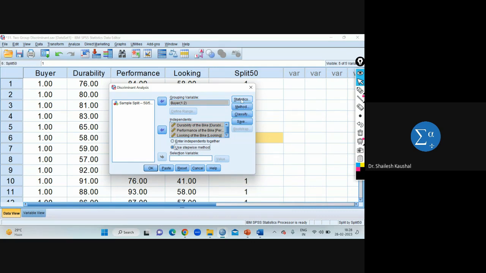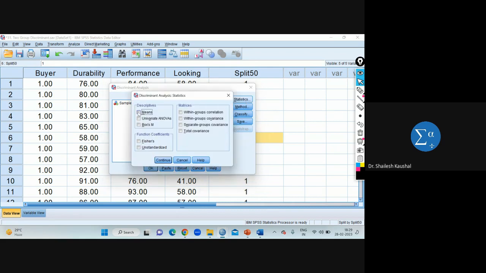And then Statistics. Tick Means, univariate ANOVA, Box's M, Fisher's, unstandardized. Then under matrices, within-group correlation, tick within-group covariance, separate-group covariance, and then continue.